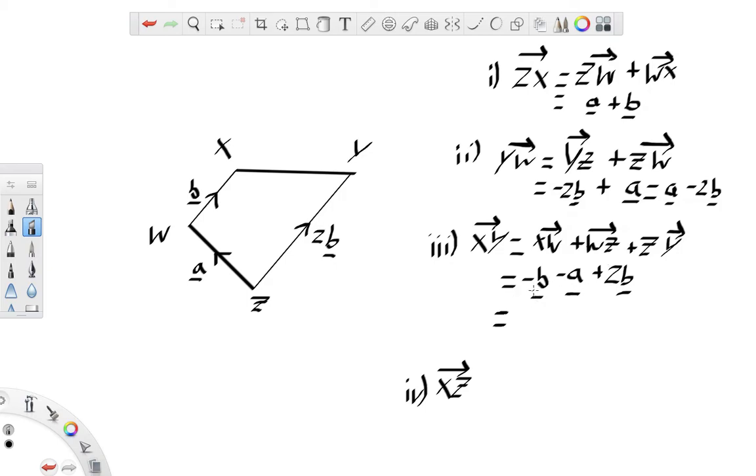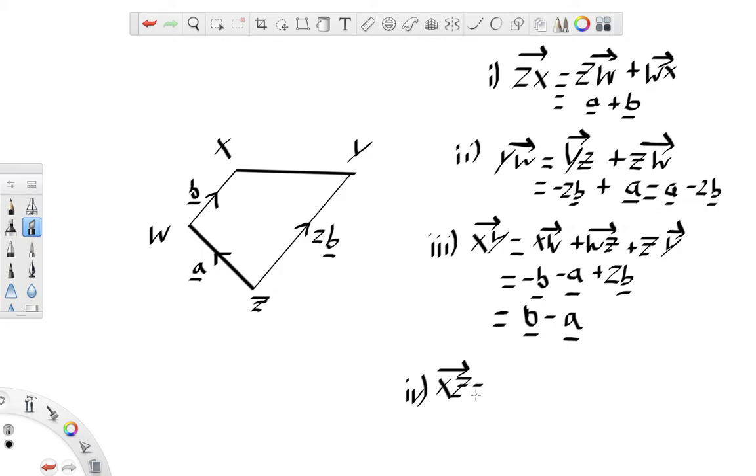So we've got minus b plus 2b, well that's just 1b, positive 1b, and then minus a, like that. So that's that sorted out.